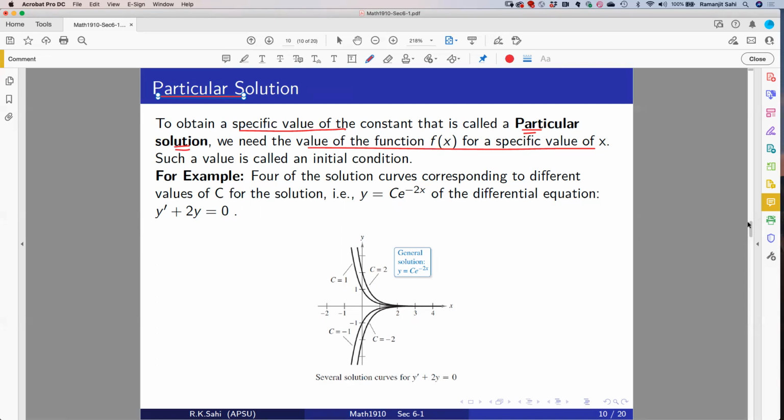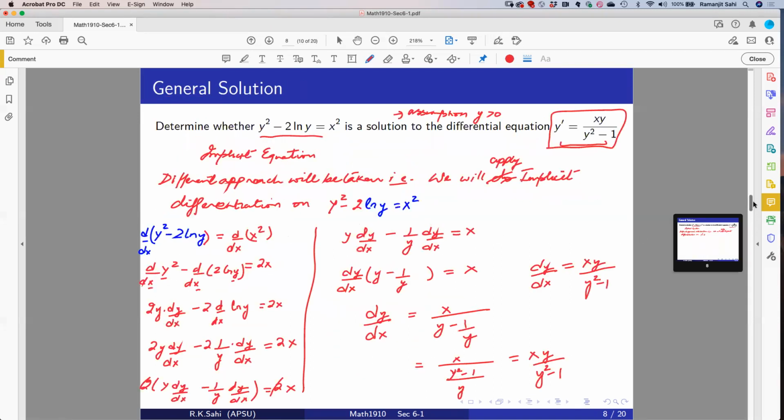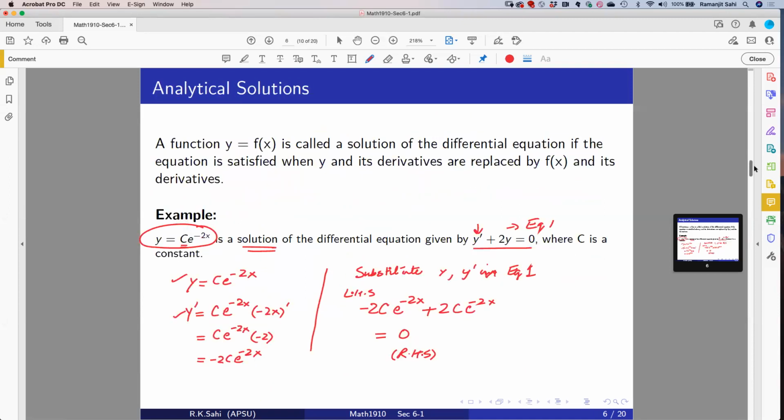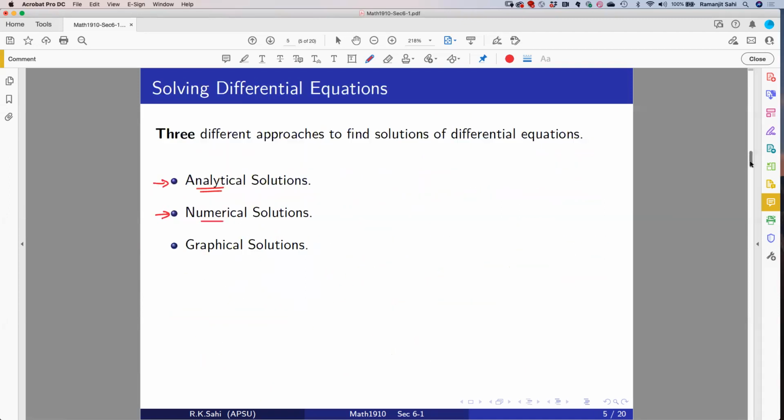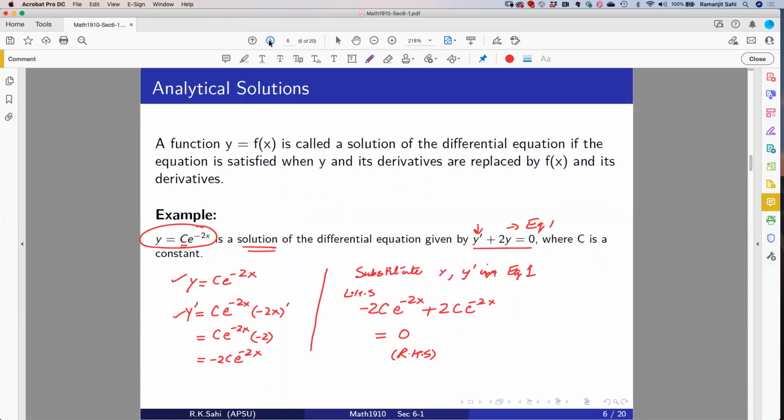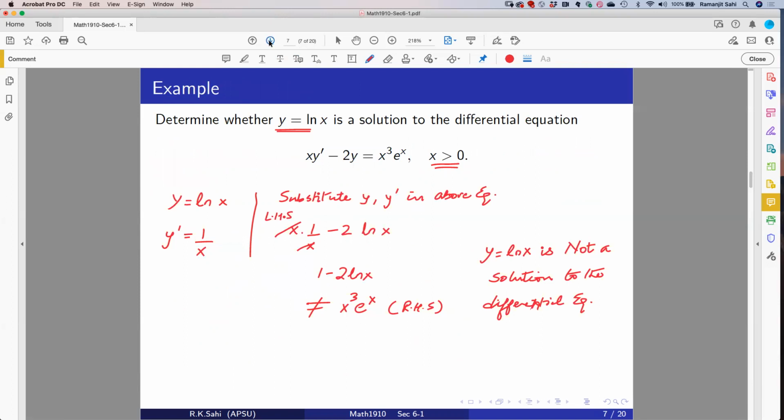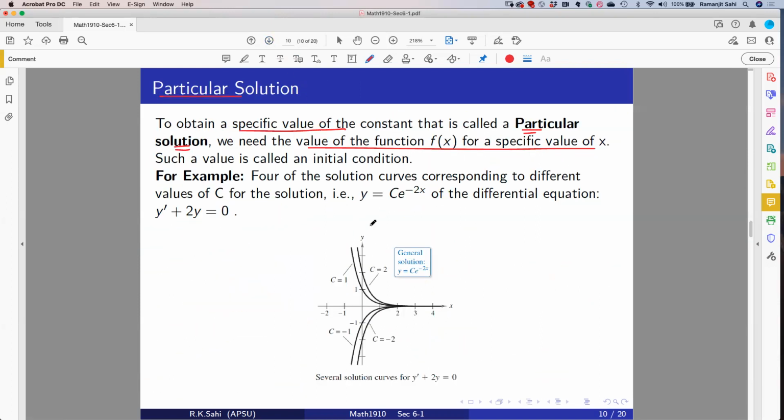Now remember, in slide 6 we said y equals c e to the power negative 2x is the solution of this differential equation. If I give different values to c, you will see the graph here for different constants; I get different solutions.